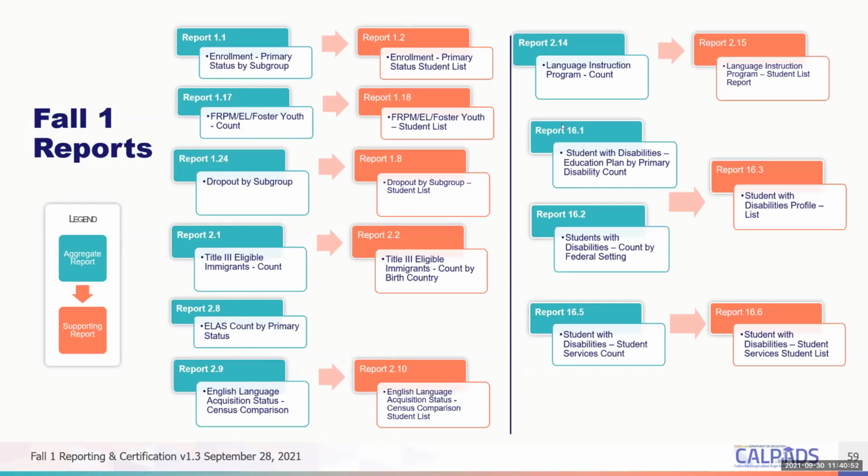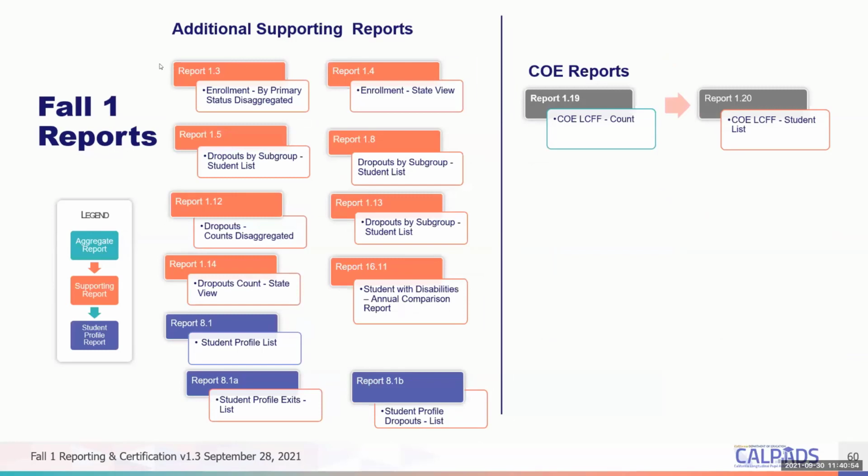And then on the second page of this, you can see that there are so many additional supporting reports. You want to become very familiar with those, right? And then in purple, the most extensive student report is a student profile list. There's three different versions of it. There's 8.1 for enrolled students, 8.1A for students that have exited, and then 8.1B, those students who have been identified as dropouts, okay?